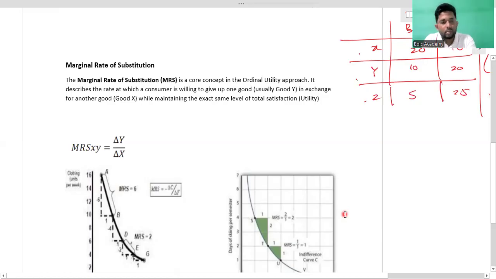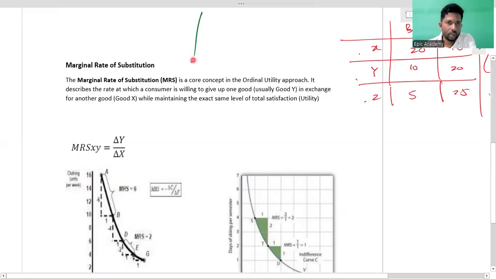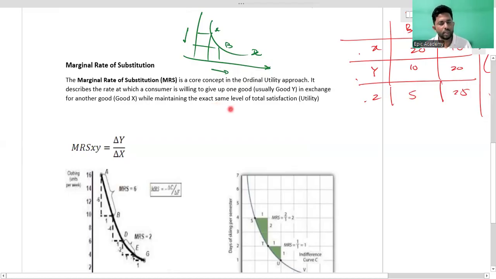It may be A or B, X or Y. Similarly, by utilizing that IC curve, you already identified the bundle of consumption at point A is going to change at point B. That means you are going to change the consumption of the vertical axis to increase the consumption of the horizontal axis.